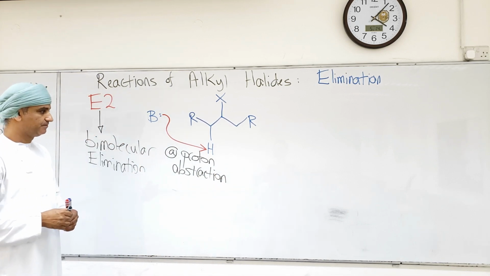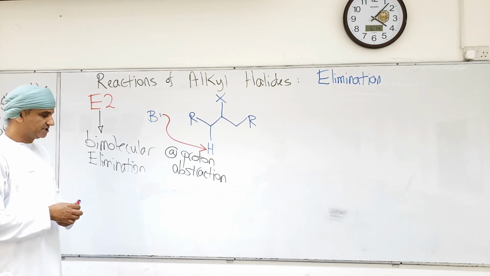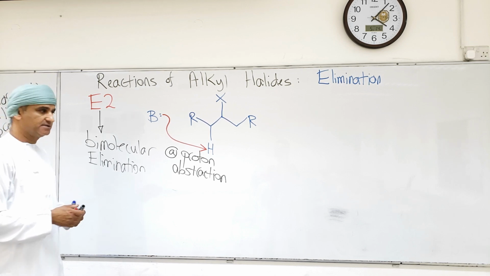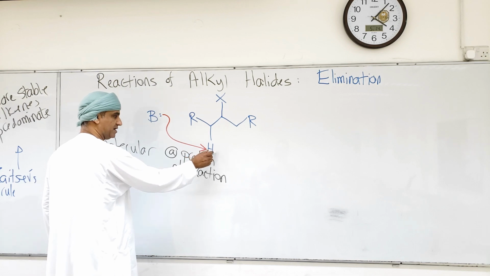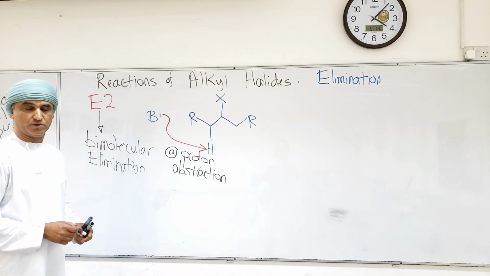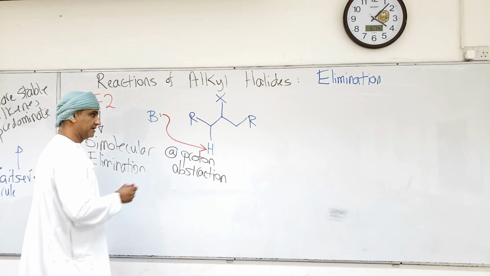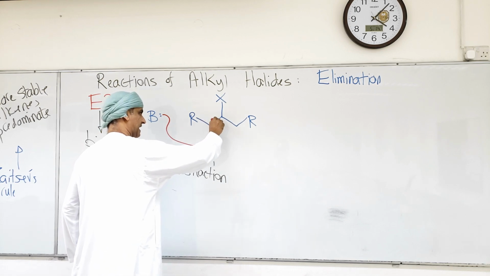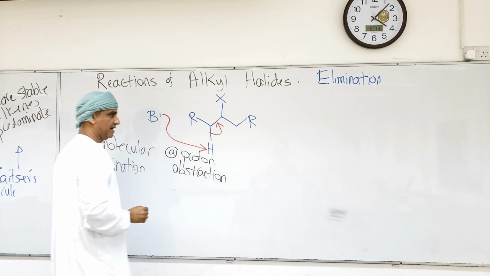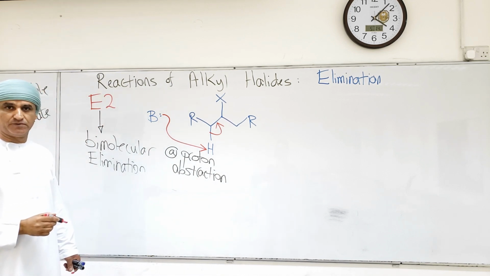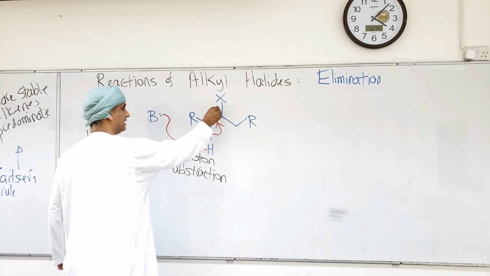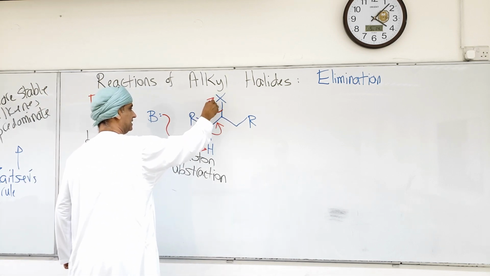The proton abstraction is followed by carbon-carbon double bond formation, because the hydrogen cannot make two bonds or be surrounded by more than 2 electrons. So the hydrogen-carbon bond is broken, and a new carbon-carbon double bond is formed at the same time, followed by departure of the leaving group.